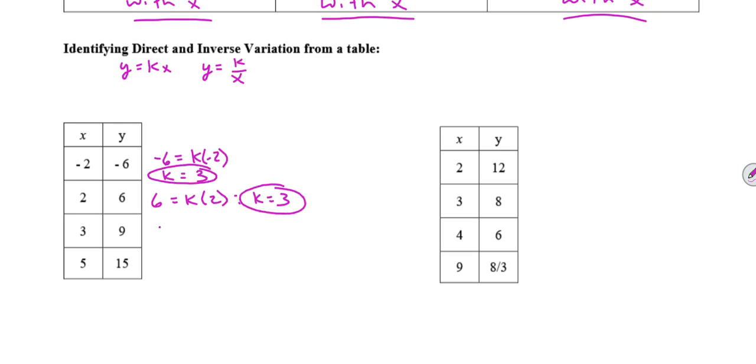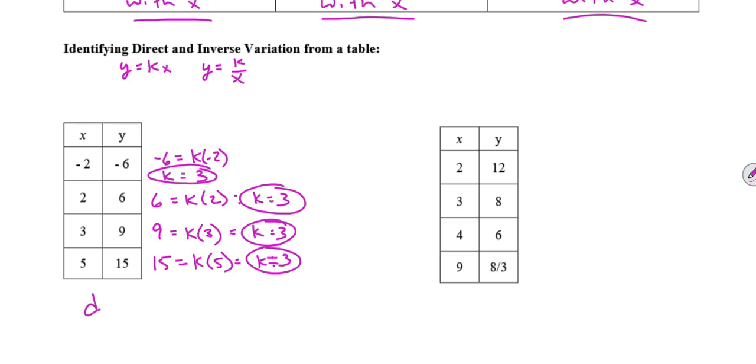That's a good start, but it has to work for every single one. So you got to make sure you're checking all of these. 9 divided by 3, you get k equals 3 again. And one last one. So when I tried the direct variation equation, it worked every time.